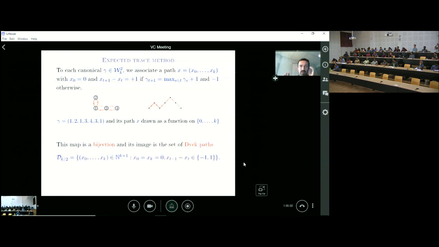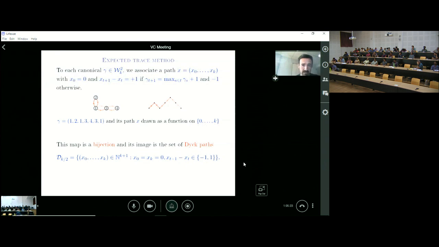It's a bijection, meaning that if I give you the path on the right-hand side, you can construct back the canonical path.